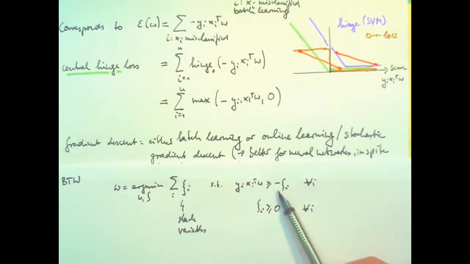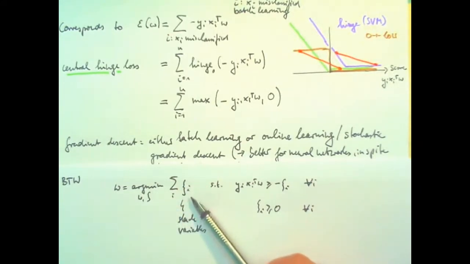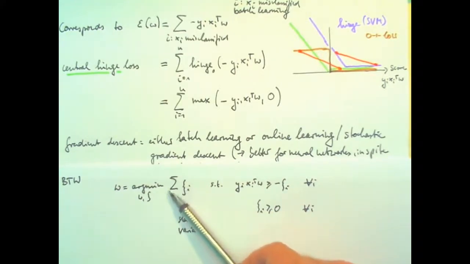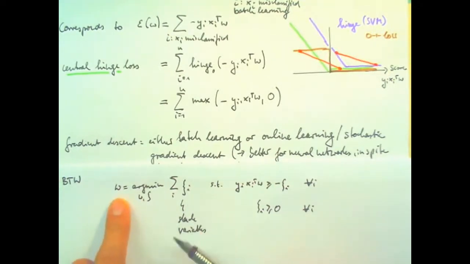It can be greater than or equal 0 up to a slack xi i. And these slack variables should be nonnegative. And then I want to minimize the sum of these slack variables. So for a linearly separable problem, the sum of the slack variables will be exactly 0. And W will be one of the possible W's from version space.